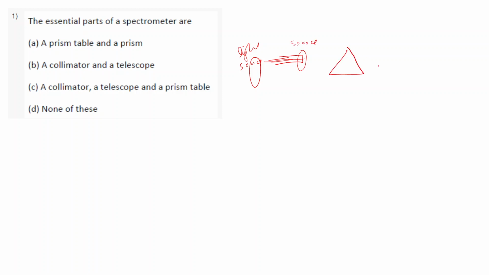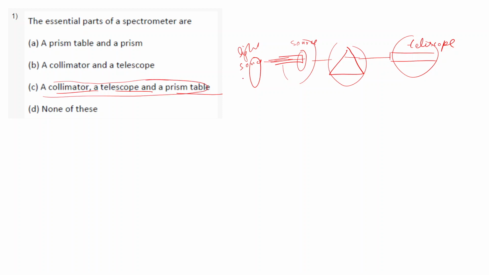And then we have the prism, and then we have the telescope or eyepiece through which we see or measure the lights that are passing through the prism. So this collimator, prism and telescope are the main components of a spectrometer. The prism table and prism are also needed, but we need the collimator and telescope also. Collimator, telescope and prism table are the essential parts of a spectrometer. So option C is the correct option.